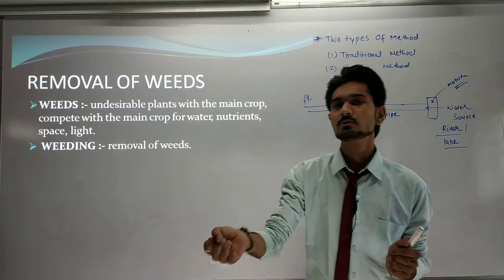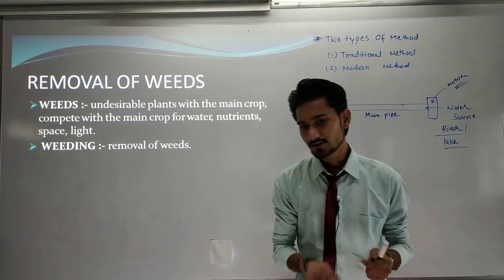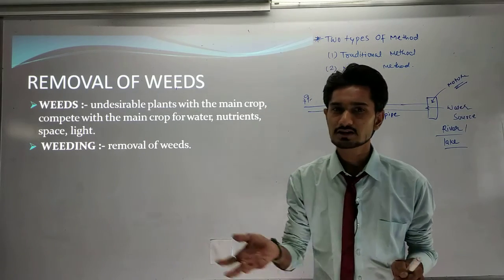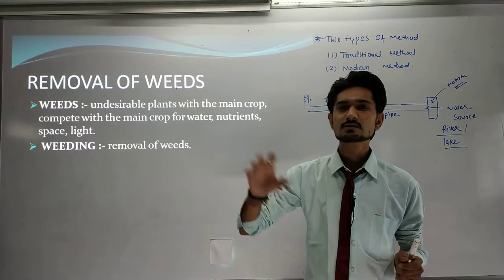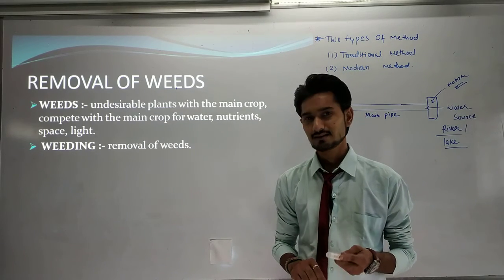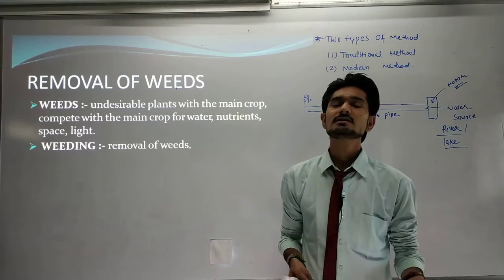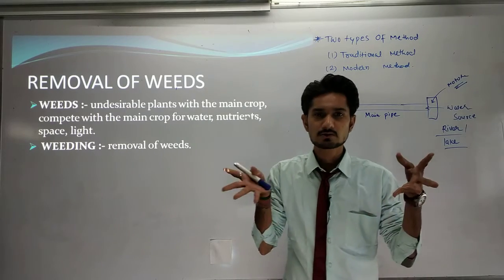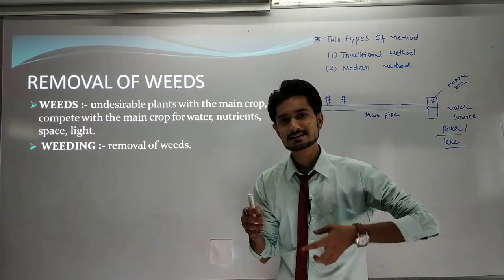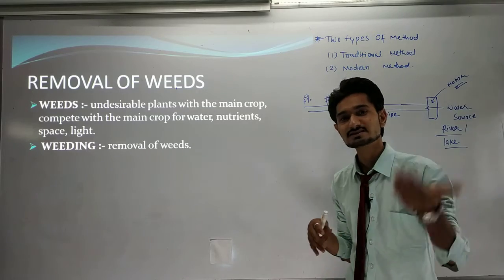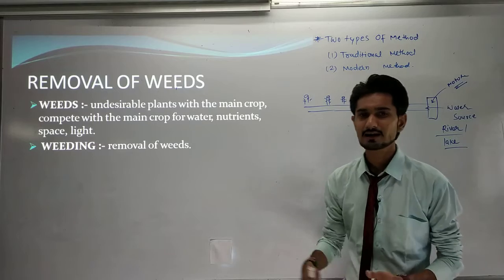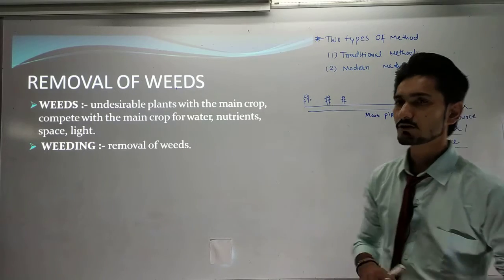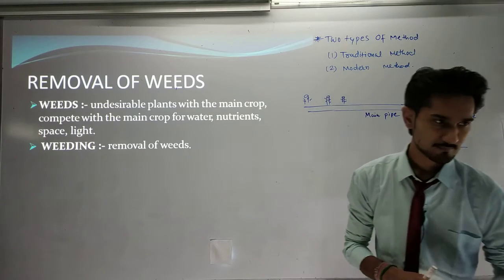We have to supply water to the original crop, but the undesirable plants take that water. So the original crops cannot grow easily, while the undesirable plants, taking so much nutrition and water, grow much faster. So the removal of weeds is done by the process called the weeding process.